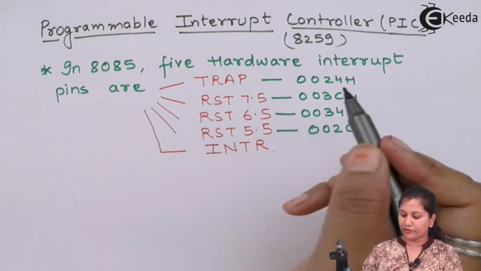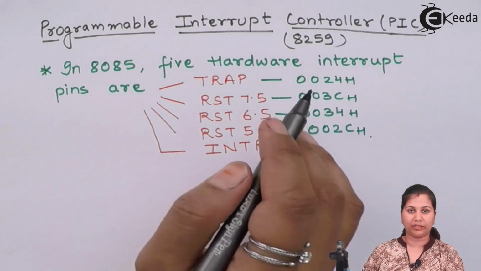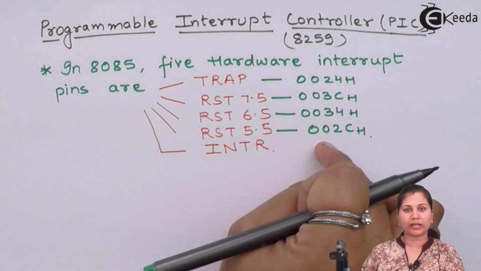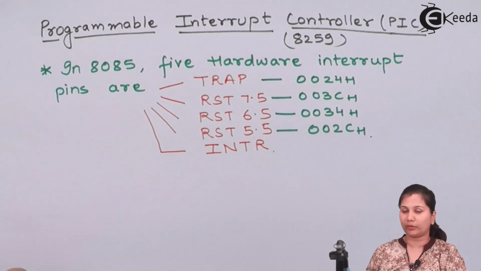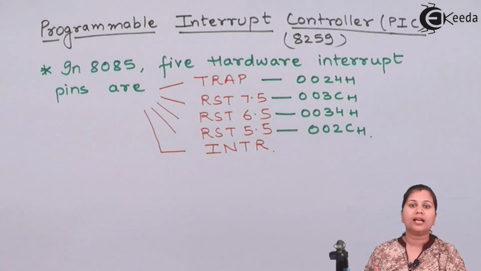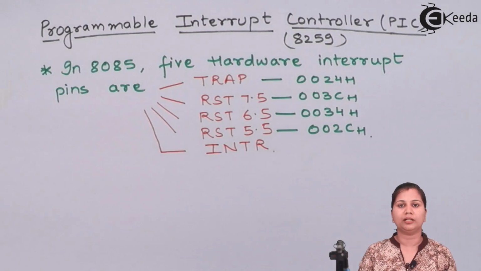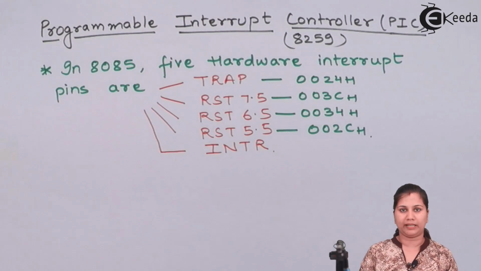So these are the addresses of the memory location where the interrupt service routine is written. So whenever these interrupts are given to the microprocessor, it will jump to these memory locations, and at those memory locations a subroutine is written, so that subroutine will be executed, and again the microprocessor will continue to perform its main task.